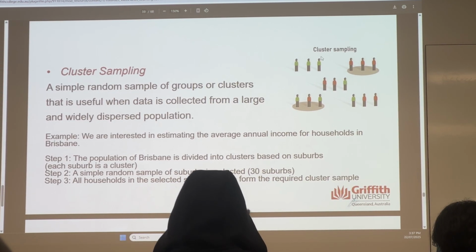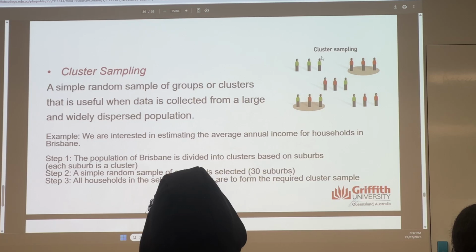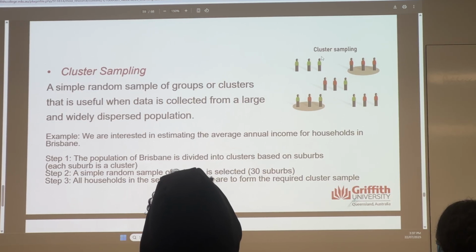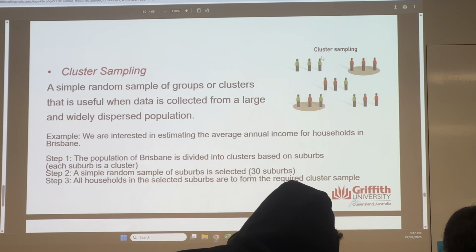You can pick some people from one suburb, say Brisbane, and that is a sample, but it doesn't mean it represents entire Australia. So you have to use cluster sampling: different clusters in different areas, and then pick randomly from each cluster.